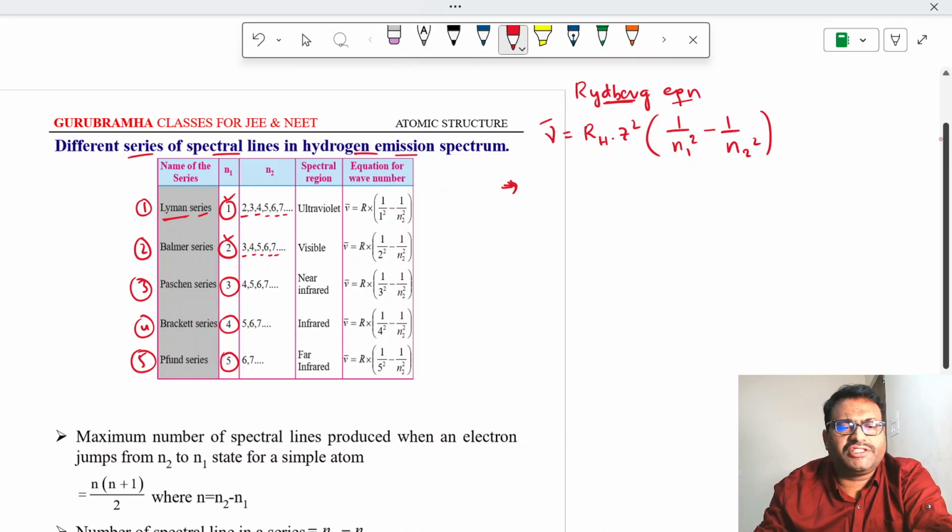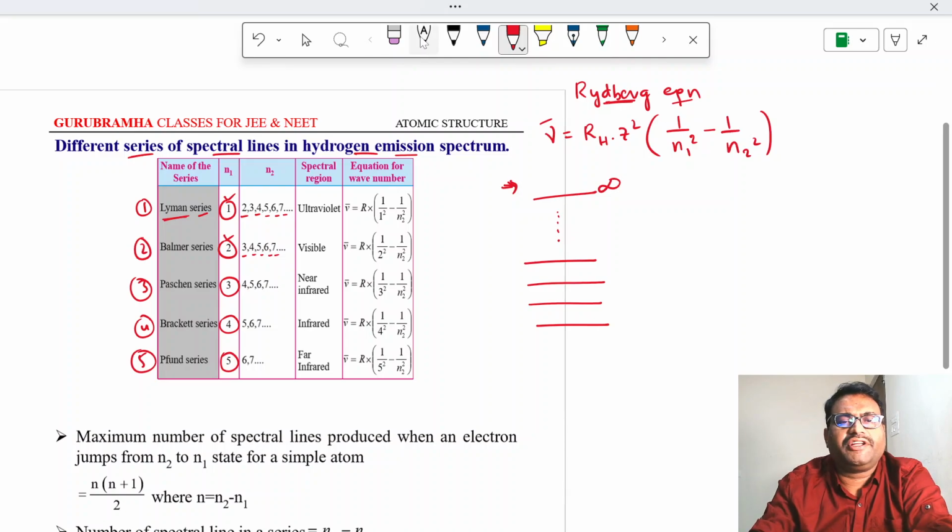In every series, for example, let us take the Lyman series: 1, 2, 3, 4, and in this way we take it to infinity.